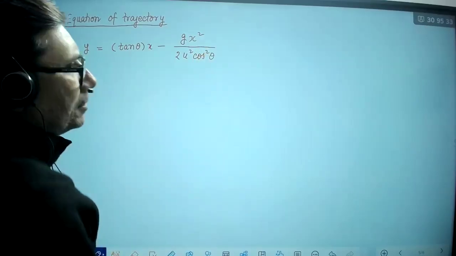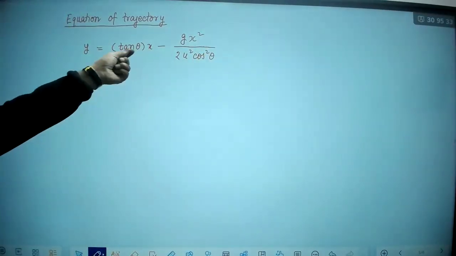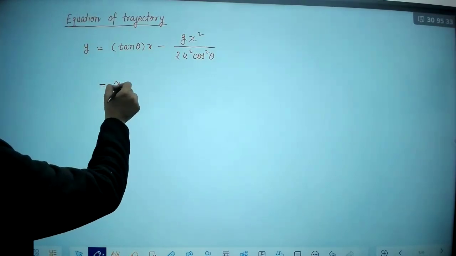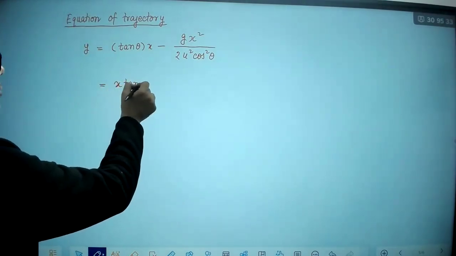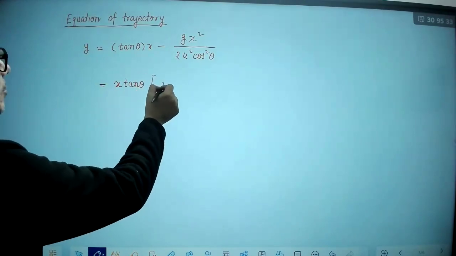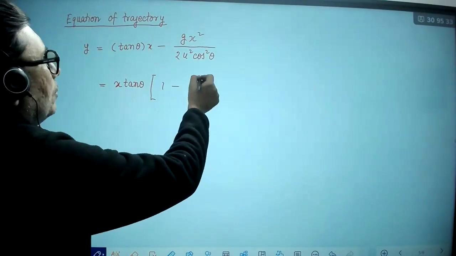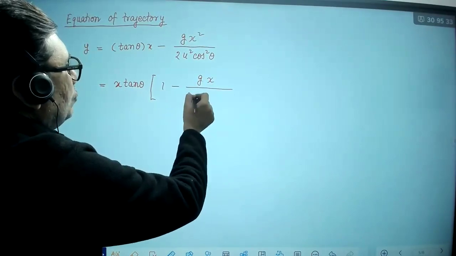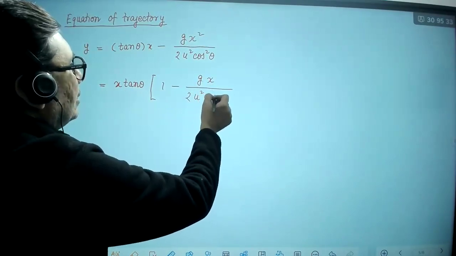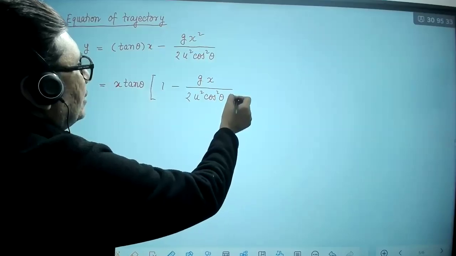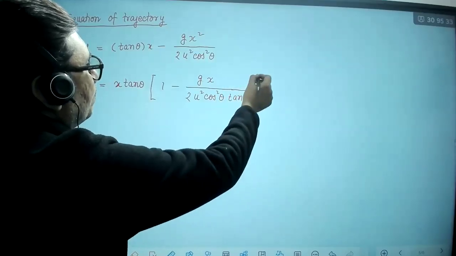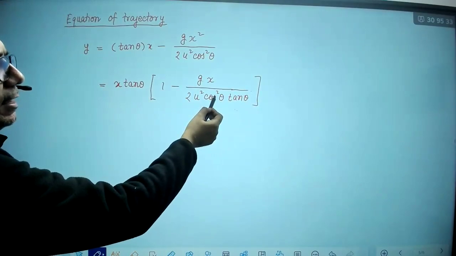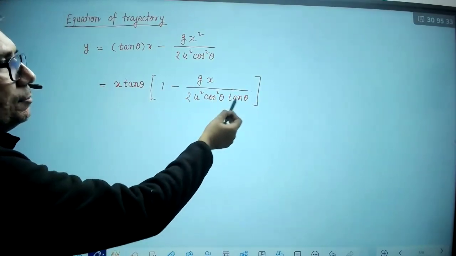Now if you take this x tan theta common, try to understand, what you are going to have here: 1 minus, x is gone, so this will be g x only, and here you have 2 u square cos square theta, and this will be tan theta. So tan theta is sin theta upon cos theta. So 1 cos theta will cancel out. 2 sin theta cos theta will be sin 2 theta.